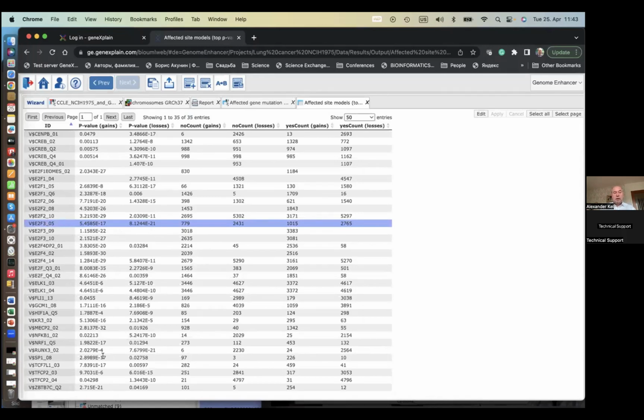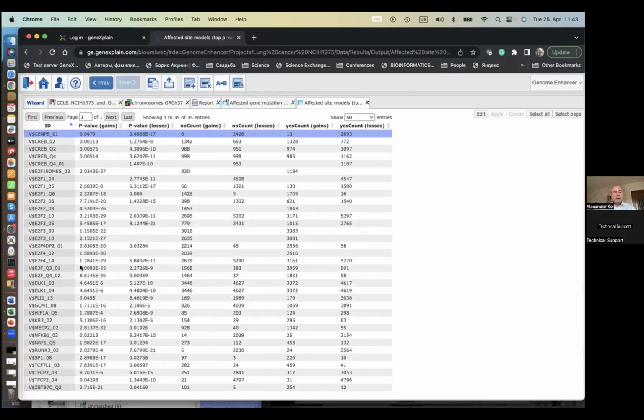Very interesting what you can observe, of course, in an example like this one, very extreme, practically in all cases we are talking about destroying of the sites for this factor. Maybe it's a very important activator. And very few cases where these sites are gained.